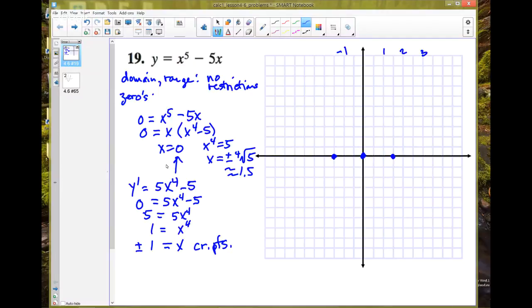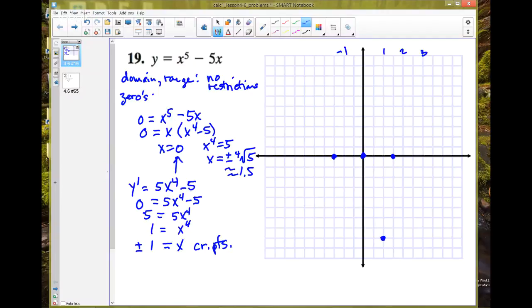If we go back and plug in 1, what do we get? 1 to the 5th is 1, minus 5, so that's negative 4 at 1. Each line counts a half: 1, 2, 3, 4.